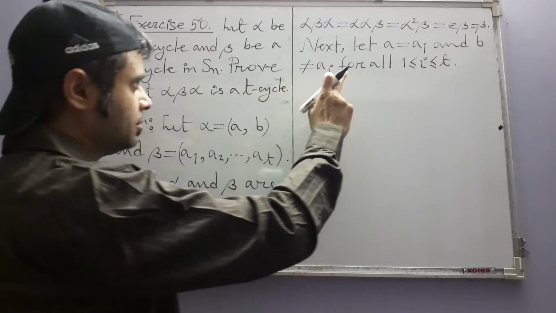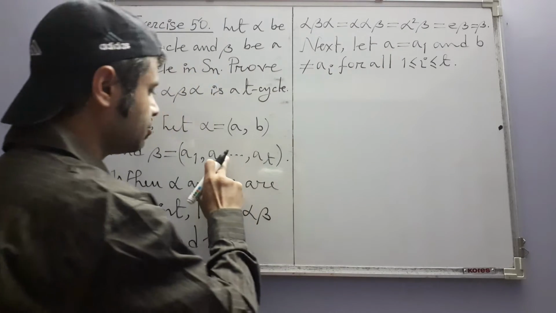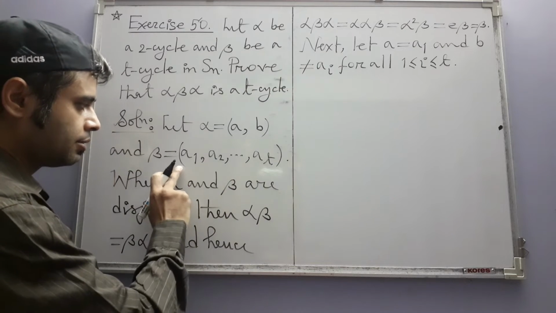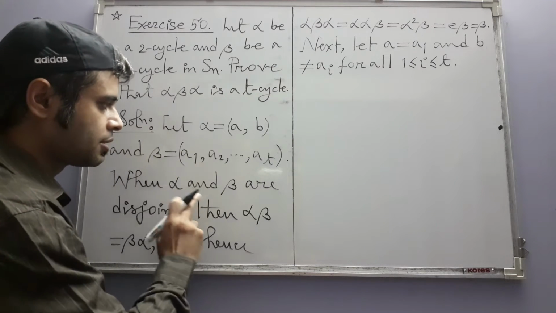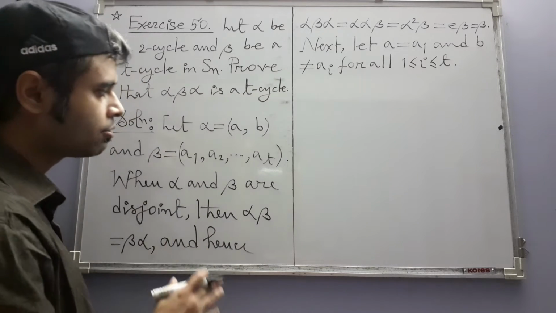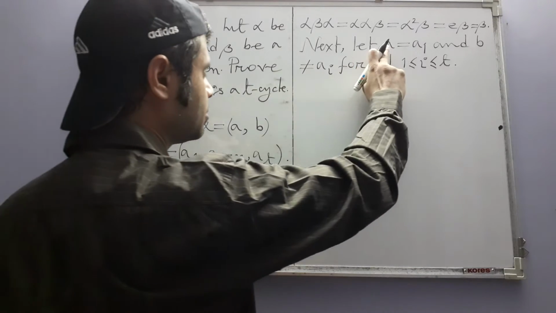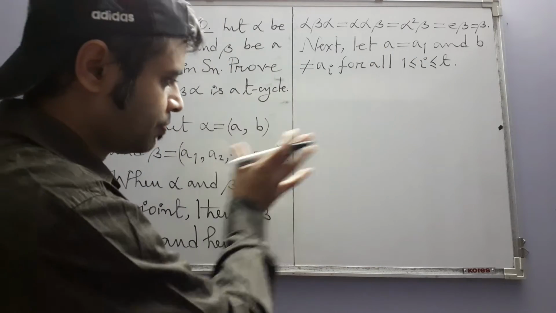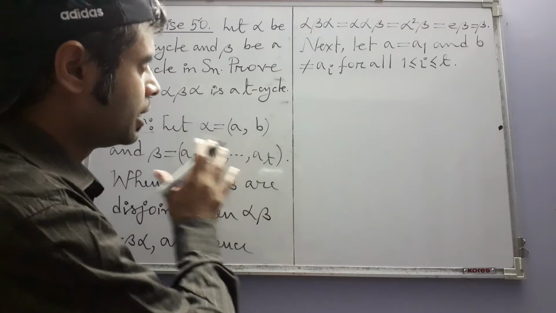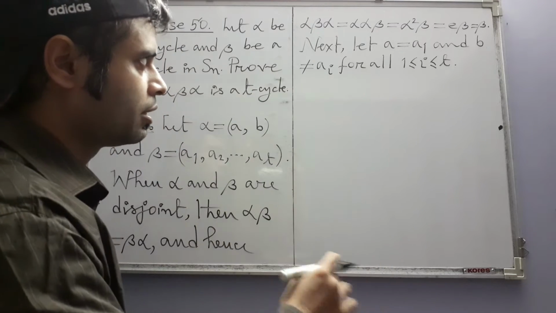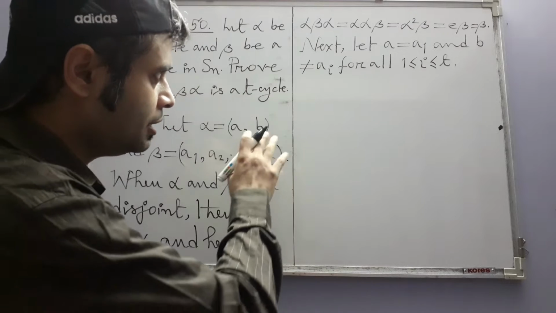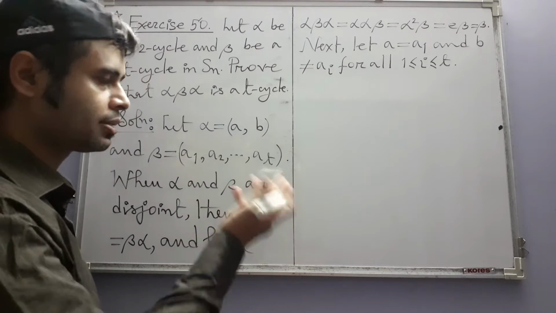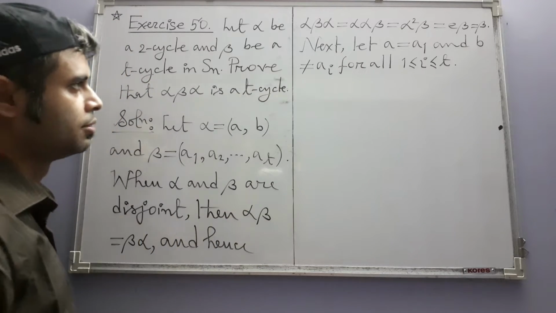So if this A turns out to be equal to some Ai somewhere in the middle, you can choose to write beta in that way where the first symbol is Ai. So without loss of generality, we are assuming that A is equal to A1. If you want, you can use that phrase also. Next, assume without loss of generality that A is equal to A1 and B is not equal to any Ai. I have chosen to not write it that way, but you understand what the situation is here.